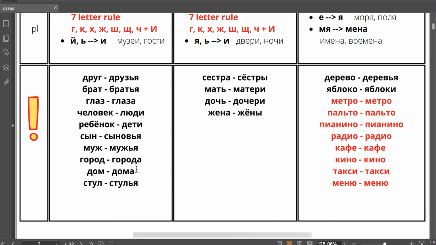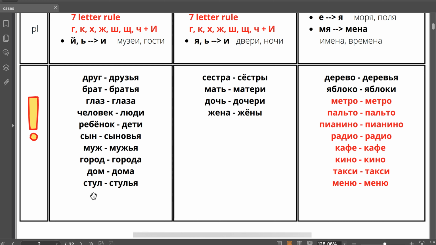City, cities. Город, города. House, houses. Дом, дома. And the last one from this list, but again, the list is much longer, but I'm giving you the juice, the most important vocabulary: стул, стулья.